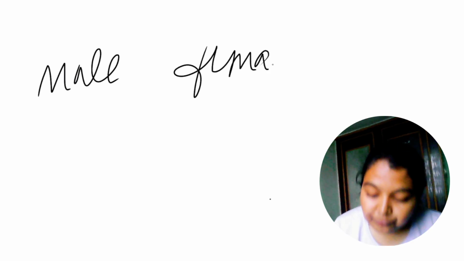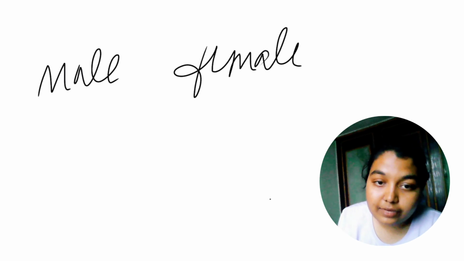Is there a flower which has male and female organs separate? Yes, it has. One flower has male organs and another flower has female organs, so there are two separate flowers. These are called unisexual flowers.